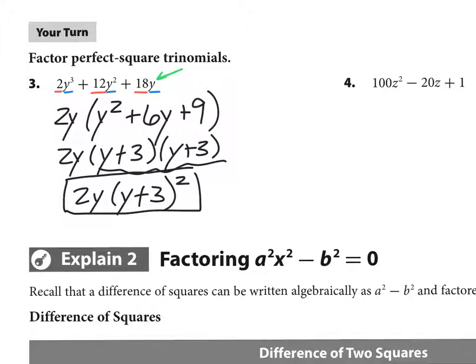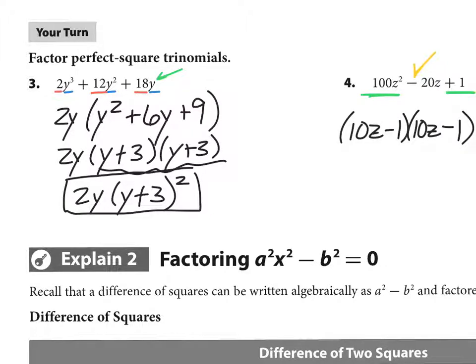So this one you could do bottoms-up method, but we're going to go ahead and recognize that it is a perfect square trinomial because that's a square and that's a square. So what do you square to get 100? 10. What do you square to get 1? 1. Oops, sorry, 1. And then, again, we look at this sign here to know that they both have to be minus.